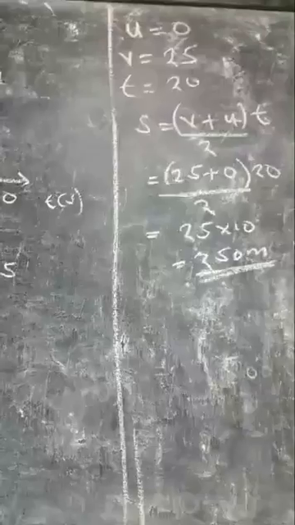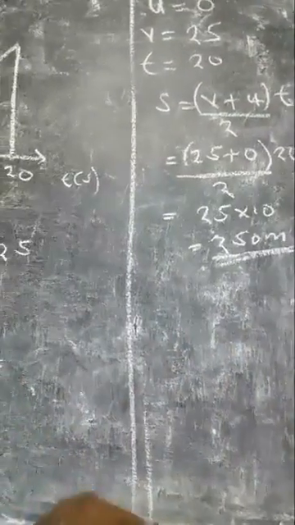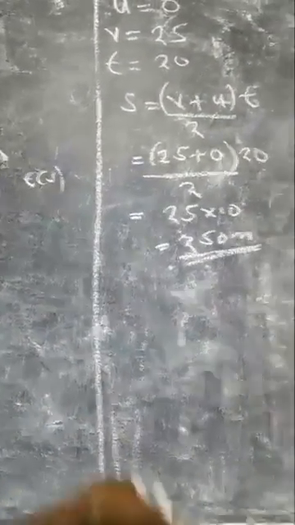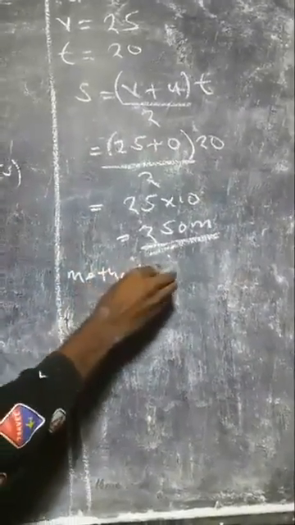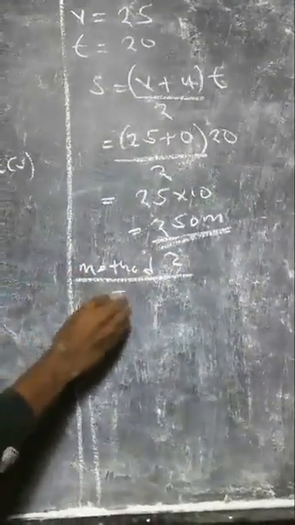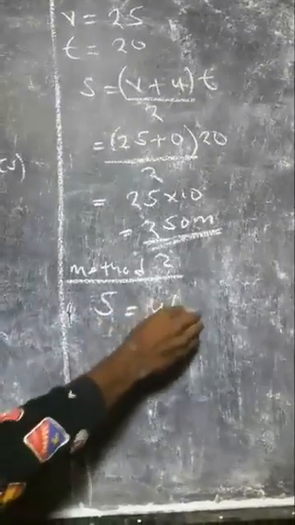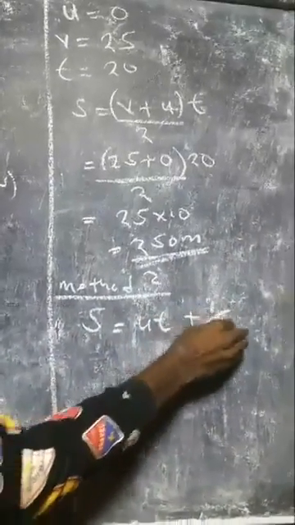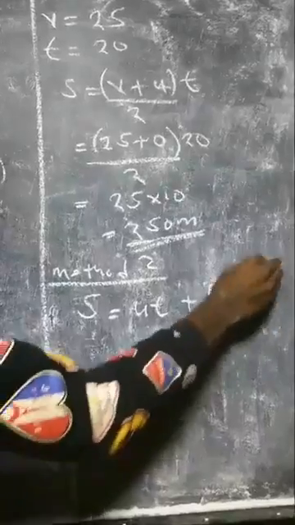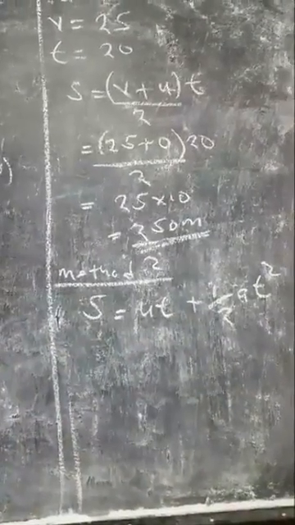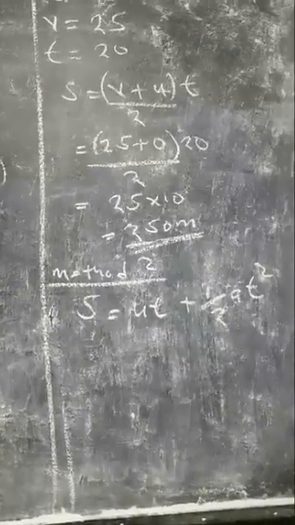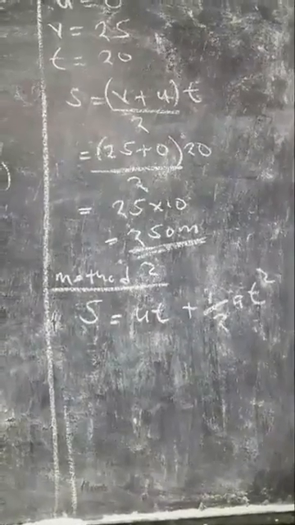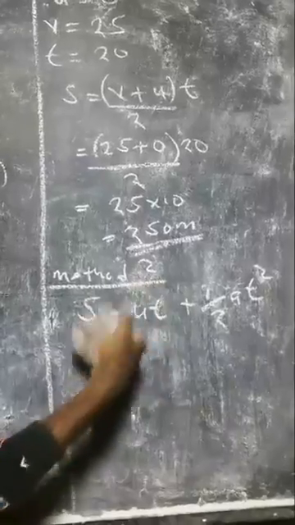Then if you love school so much, you can also use method 3, of which it says S is equal to UT plus half AT squared. So we know our initial velocity is 0, so this will just give you 0, of course.